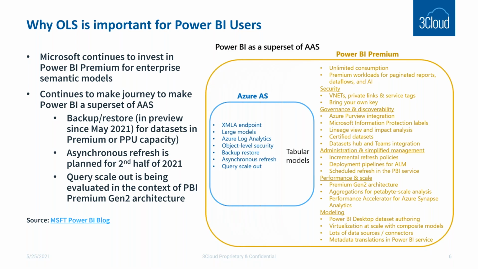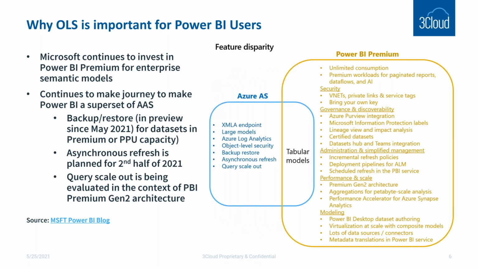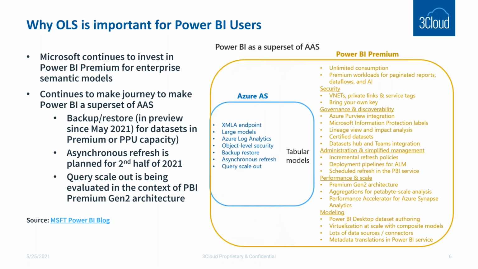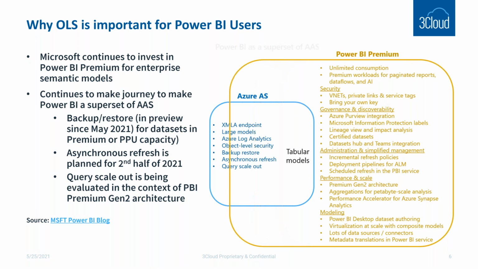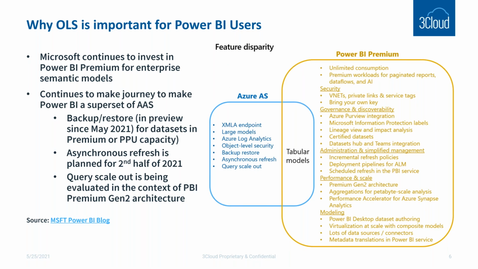The data set obviously needs to be in Premium or Premium Per User capacity, but it's available. So some of those features continue to expand from Analysis Services into the superset of Power BI Premium. Asynchronous refresh is planned for the second half of 2021, and query scale out is being evaluated in the context of Power BI Premium Gen 2 architecture. You can read all this on the Microsoft Power BI blog.